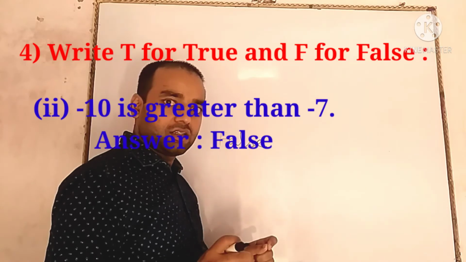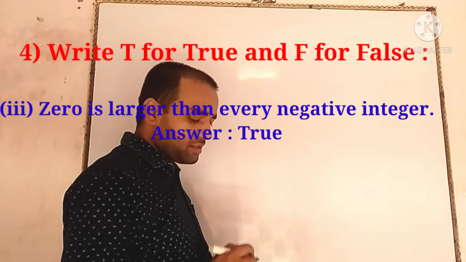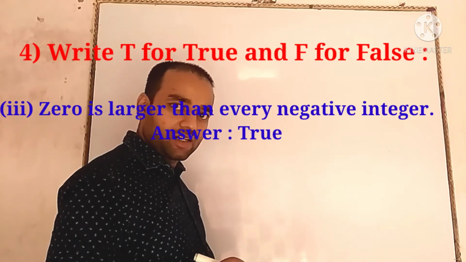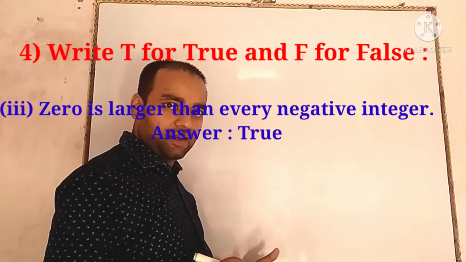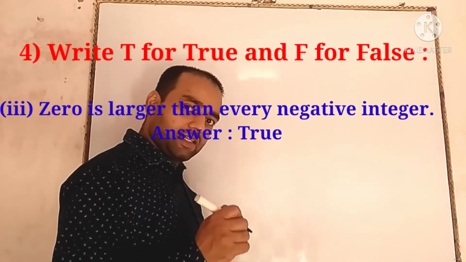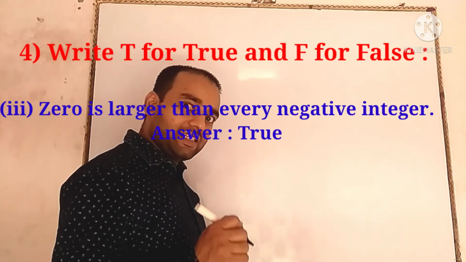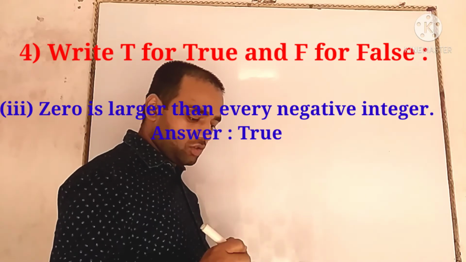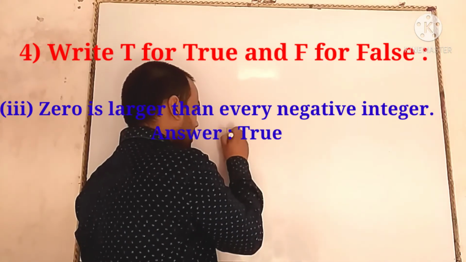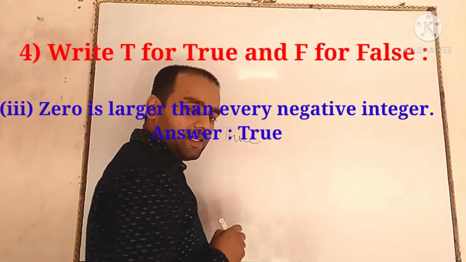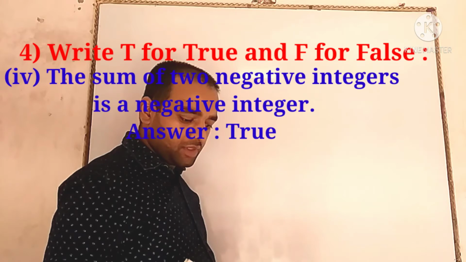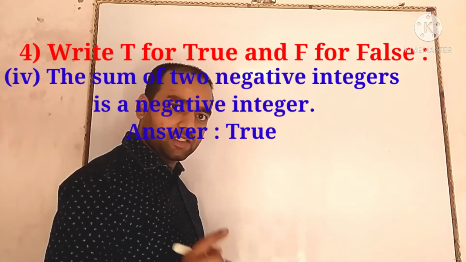Is it clear? In the next statement, 0 is larger than every negative integer. Just as I explained in question 1, every negative integer is less than 0. So this statement is true. Is it clear? In the next statement, the sum of two negative integers is a negative integer.